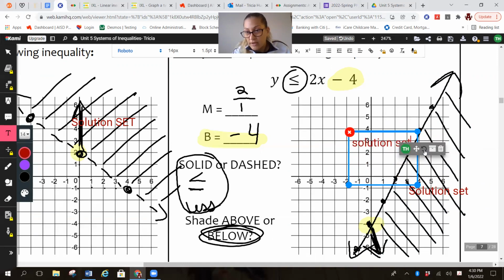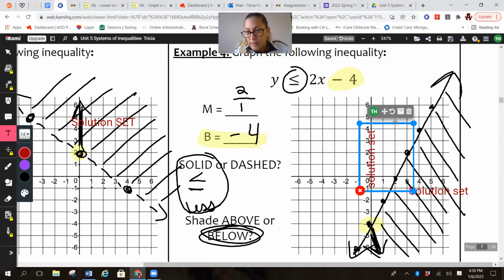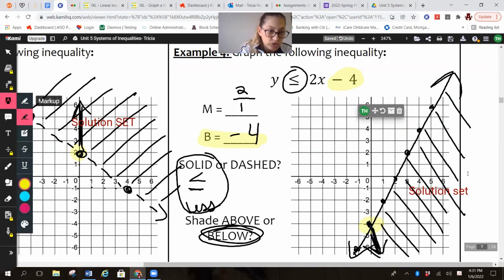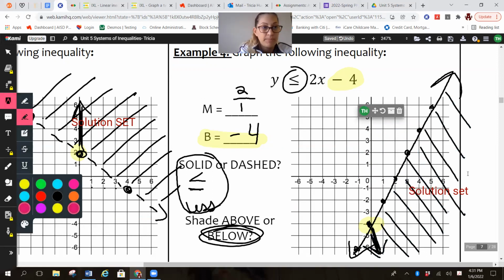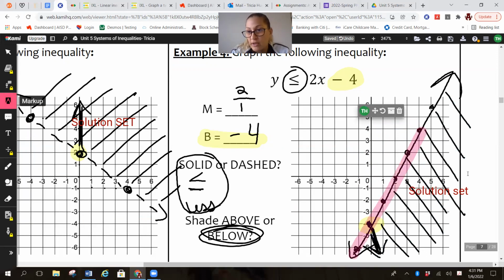Yeah, it's hard to make that angled, but if I was to highlight your solution set, y'all, I'm gonna do it in pink. Every point on the line is a solution, and every point below the line is a solution.